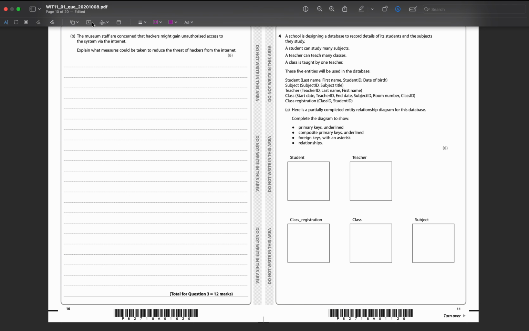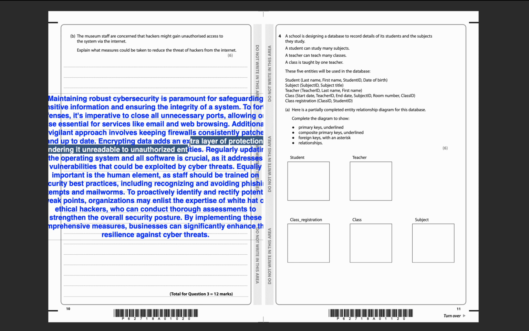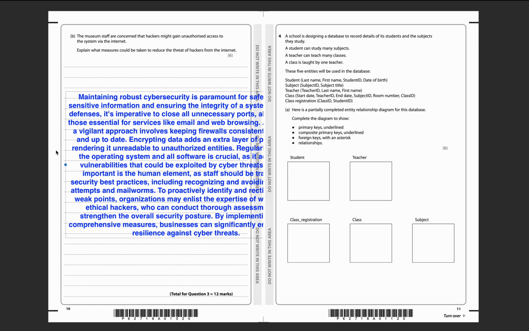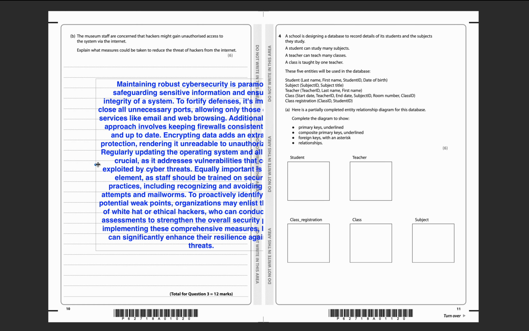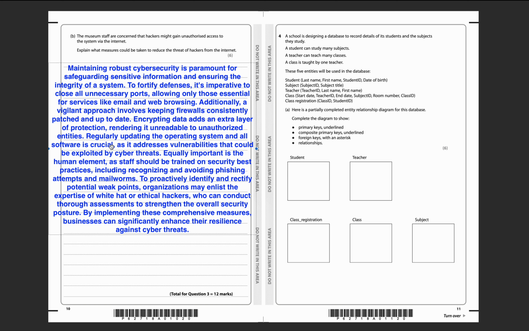Yes, so the answer will be, yeah, so here it is saying maintaining robust cybersecurity is paramount for safeguarding sensitive information and ensuring the integrity of a system.